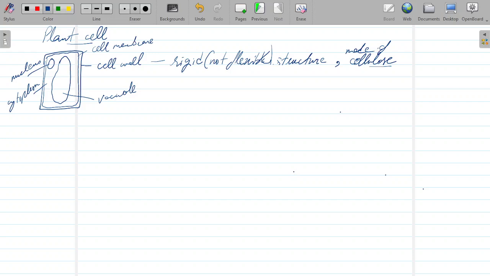It's obviously a very large molecule. It is not selective, so its function is not to check what is entering the cell or moving outside. In fact, its function is mechanical support.